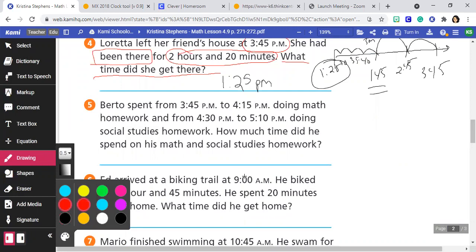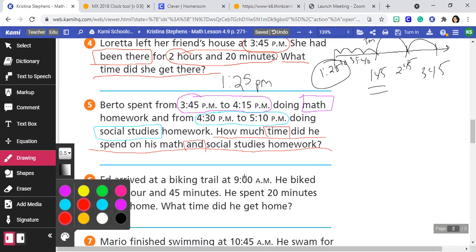All right, let's circle the important math numbers. We know that there's some elapsed time here for math, and there's some elapsed time here for social studies. And the question is, how much time did he spend on math and social studies homework?